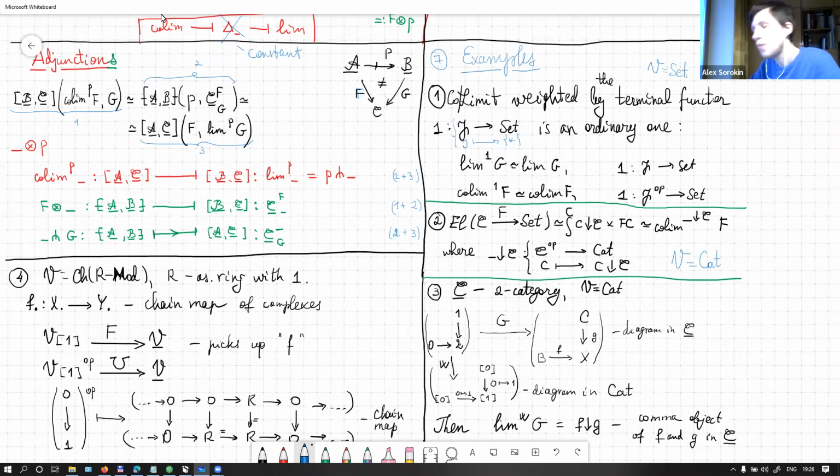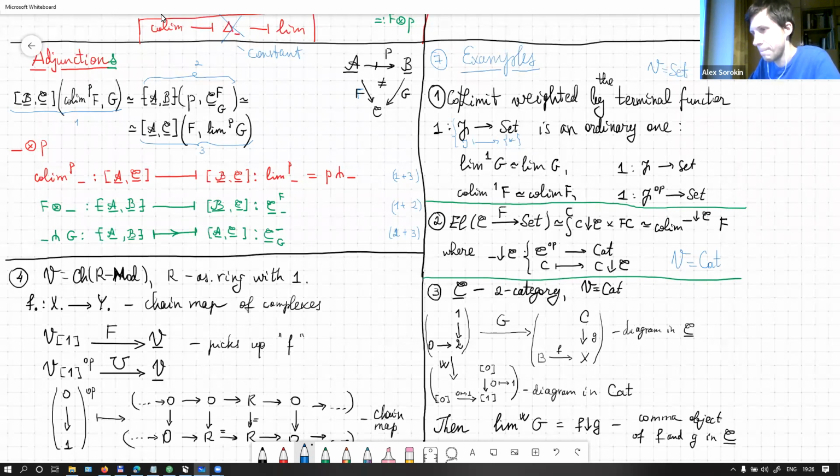So if I take a functor G from a 2 category, a very trivial one, having just 3 objects, 0, 1, and 2, making such a cospan, then it's picking up some diagram in C. This diagram will be with 3 objects, B, C, X, and 2 arrows, F and G.